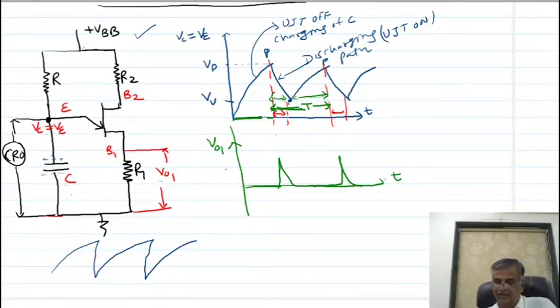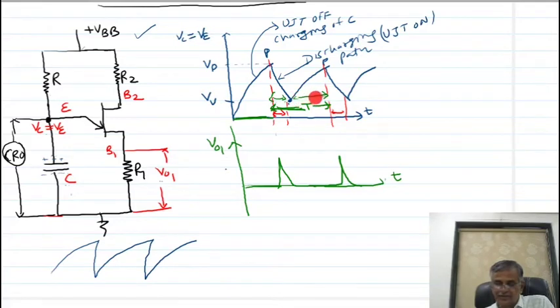Look again. The periodic time of the waveform is the time measured between these two peaks, from this point to this point. So I have to add this time plus this time. This is the discharging time of C through emitter base 1 and resistor R1.